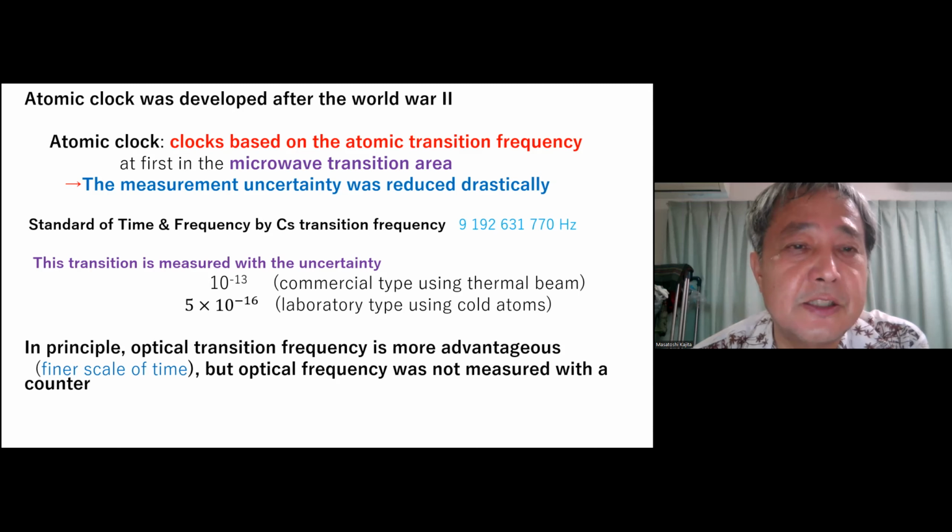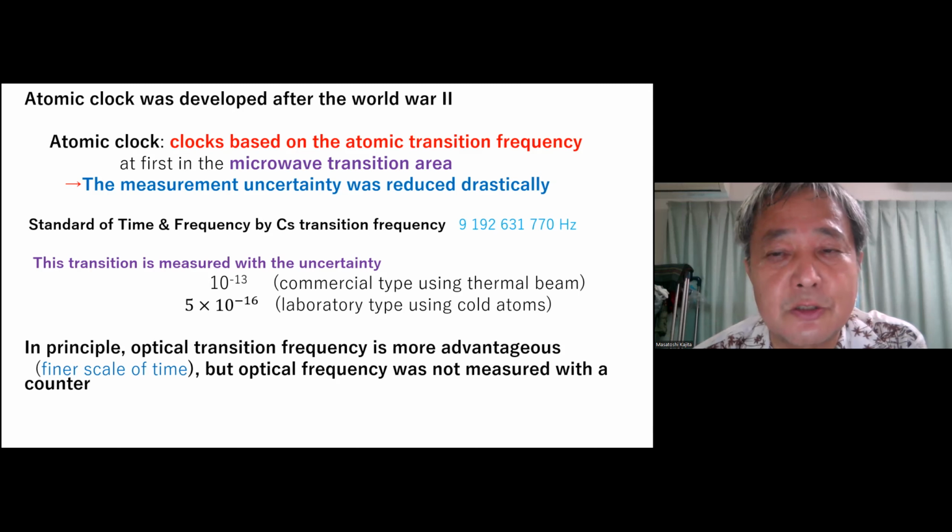Now, the standard of time and frequency is defined by the cesium transition frequency in the microwave region. This transition is measured with an uncertainty of 10 to the minus 13th with the commercial type atomic clock using thermal beams. But with the laboratory type using cold atoms, the uncertainty is reduced to 5 times 10 to the minus 16th.